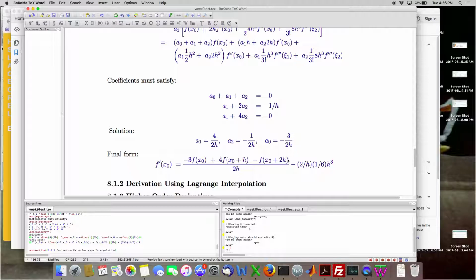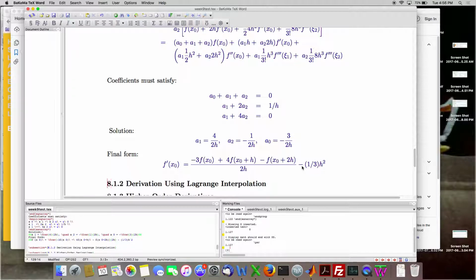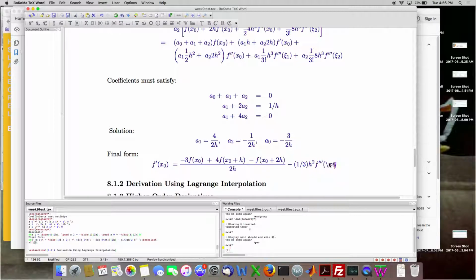If I put these all together, I'm going to have 1/3 h squared, and then we have f triple prime at c1.